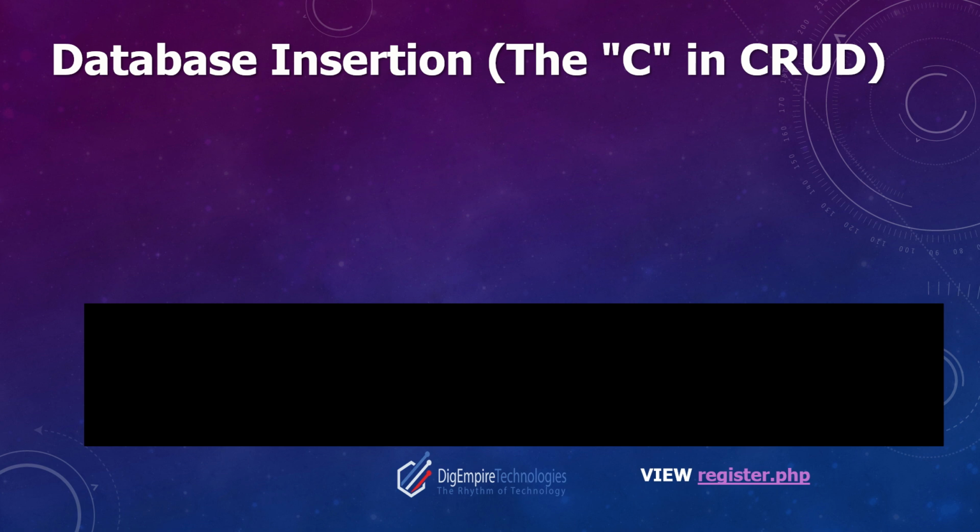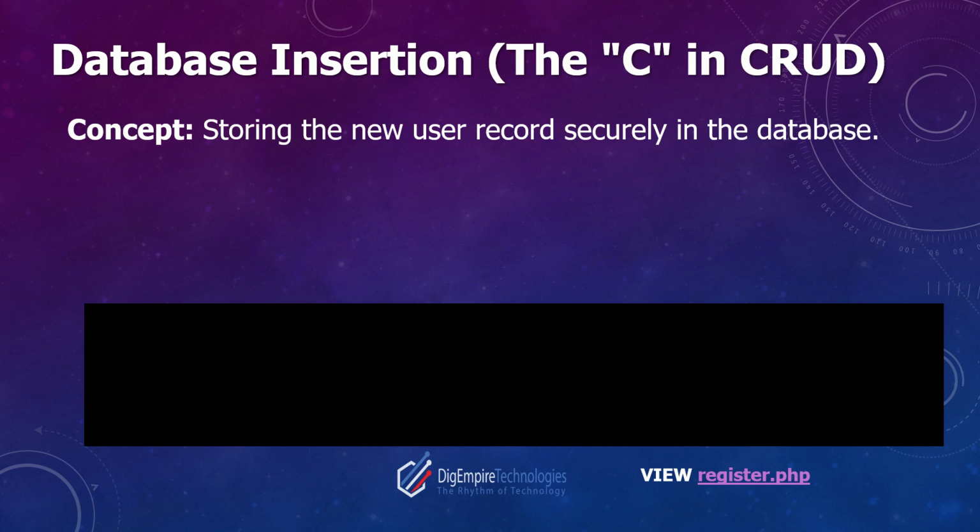after that password is pushed, going to the database, let us look at now the database insertion itself, the C include. So now, when we look at this particular tool, our focus is the issue to store user record securely in the database.